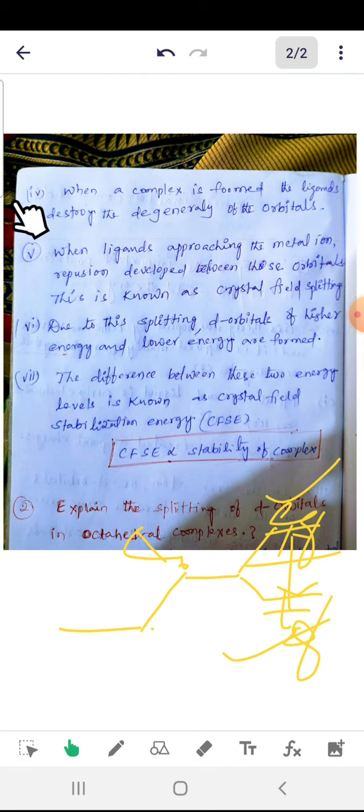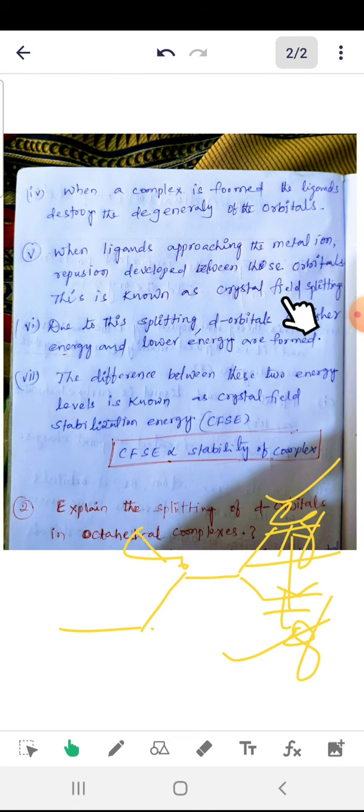That is the fourth point. Remember that point. Fifth point: when the ligands approach the metal ion, repulsion develops between the ligands and the orbitals of the central metal atom. This leads to crystal field splitting.